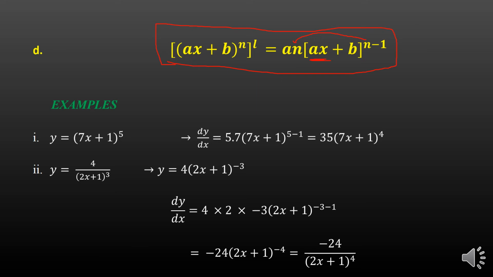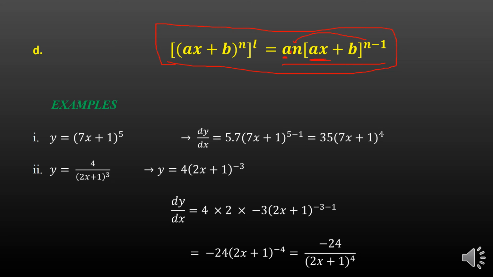If we differentiate ax, we find our answer is a. So a is going to multiply with n, and likewise we take 1 off the power. So it becomes a n (ax plus b) to the power n minus 1. So that's how we differentiate that kind of polynomial function.